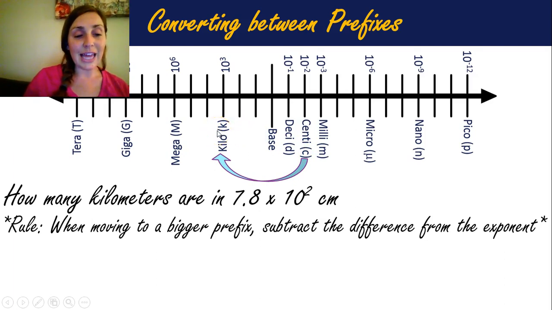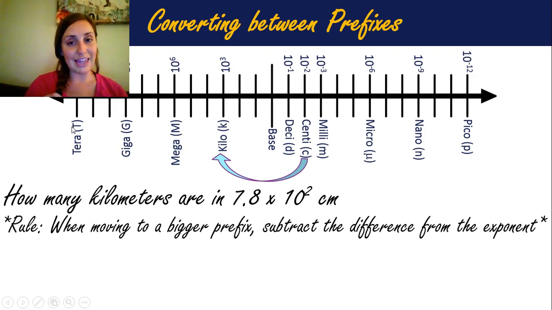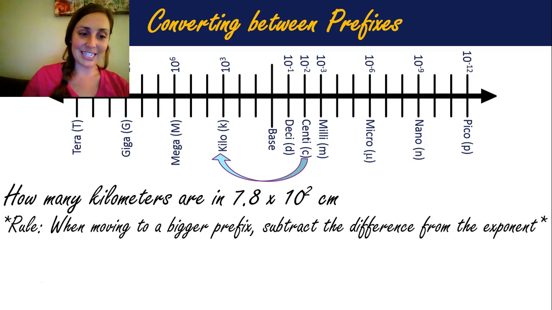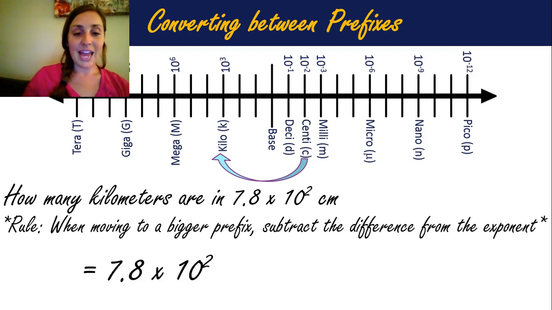And when you're moving to the left, those are your bigger units. So you need to get a smaller exponent because you don't have as many of the big things to make up for a lot of the small things. So let's write our number. And since we moved to the left 5, I'm going to actually take away 5.